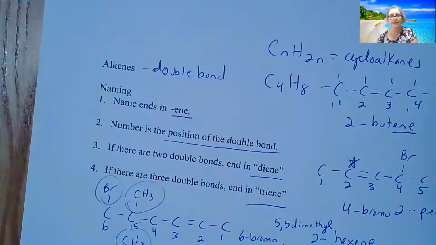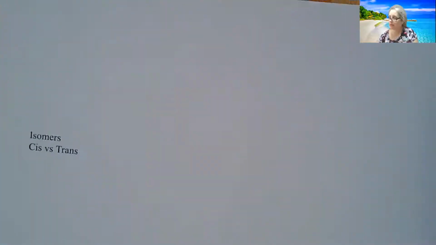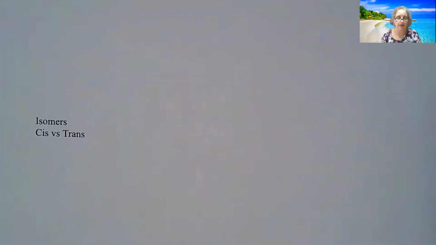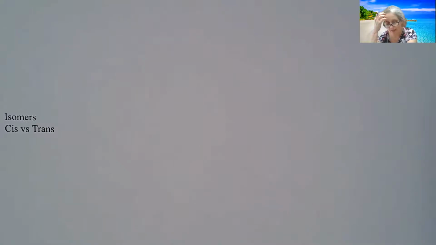So now I need you to go to the page after alkenes, where we're talking about the double bonds, and go to the page where it says cis and trans. So this is the one we're going to spend the most time on because this is the most complicated of the ones that you're going to see.